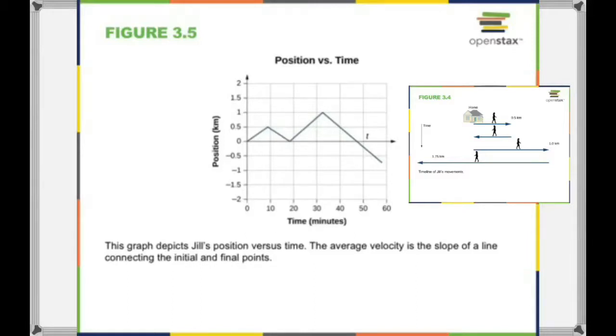Clear? Okay. If it's clear, give me the velocity of this person during this part. All right, you see a statement here. I better read it for you. Very important. The average velocity is the slope of the position time graph. What do you mean by slope?